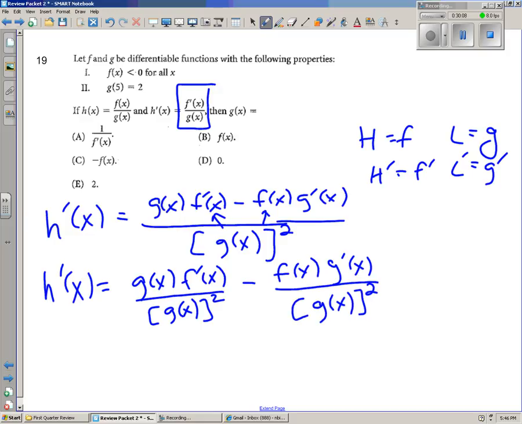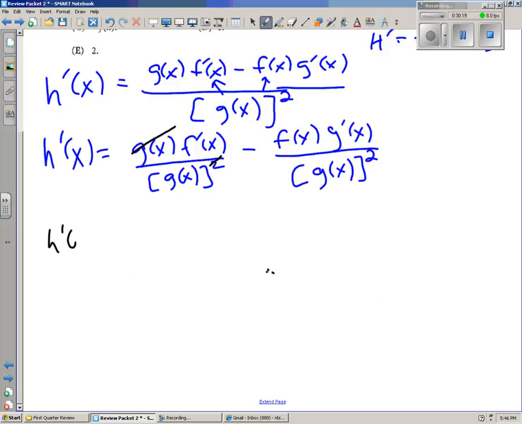So what happens is this first fraction, one of the g of x's goes away. And so you get f prime. So h prime of x right now, if you follow this through, h prime of x equals f prime of x over g of x minus this other term.